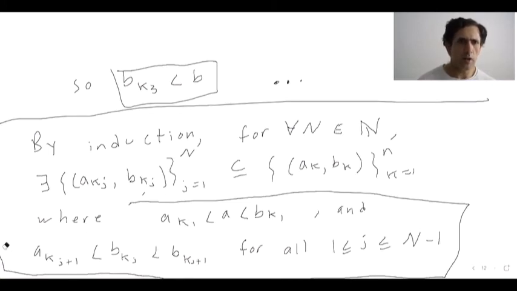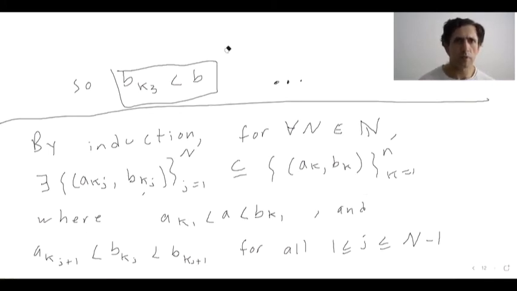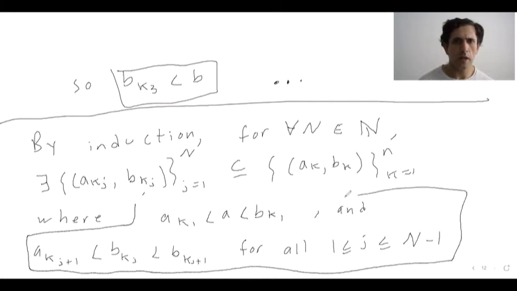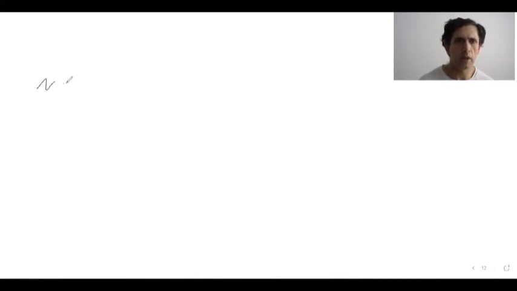Okay, so, oops, didn't mean to do that. Sorry about that. Okay, so what does this mean? This means, in particular, that because this is true for all j between 1 and n minus 1, I'm being redundant, but I just want to make sure everyone is clear here.